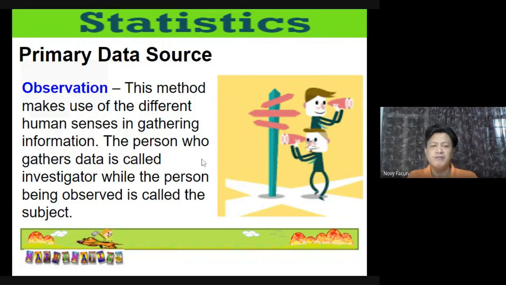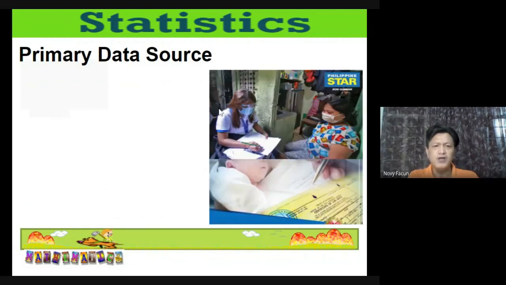Okay, pag tinanong ka, di ba, kung meron kang study, sino yung mga subject mo? Okay, depende dun sa magiging respondent mo. Okay, so with that, the observation, ginagawa natin yan kapag nasa klase tayo, inobserbahan mo yung mga ugali, yung pagkikilos, paano nga ba gumalaw ang isang tao. And then you can get the information. Okay, using your senses.